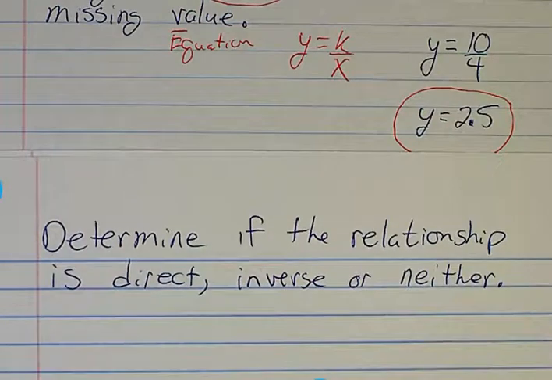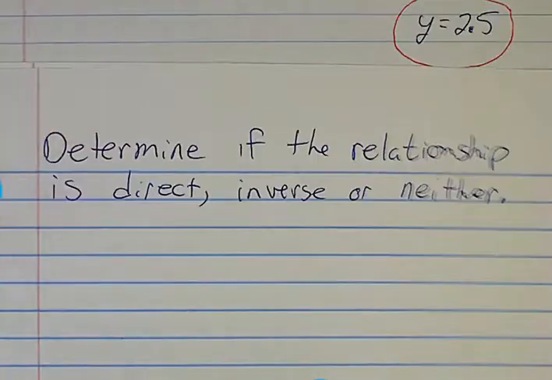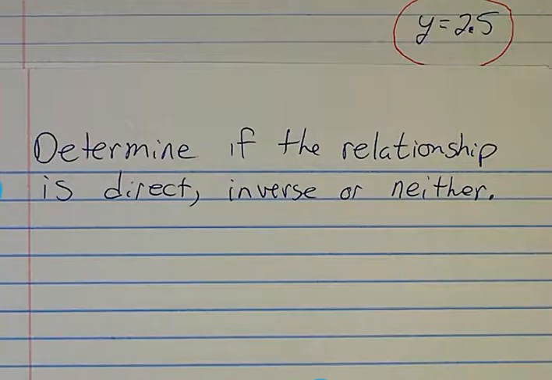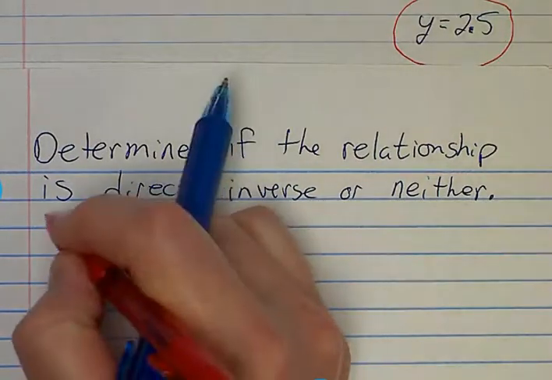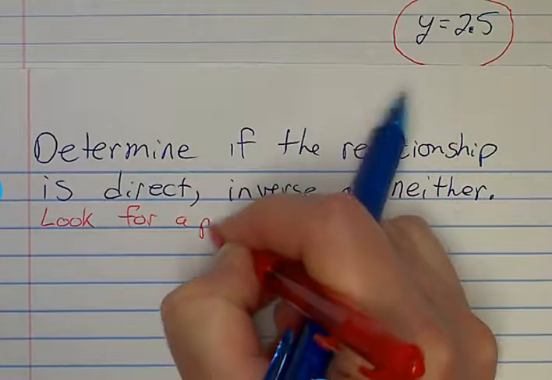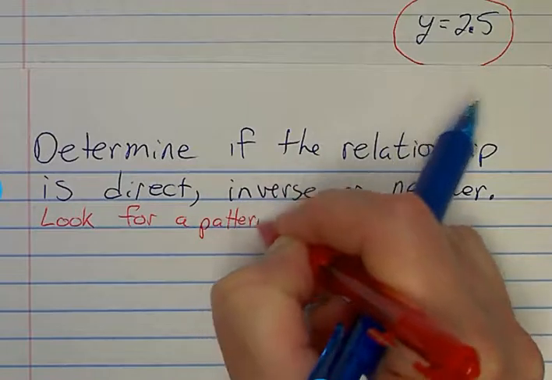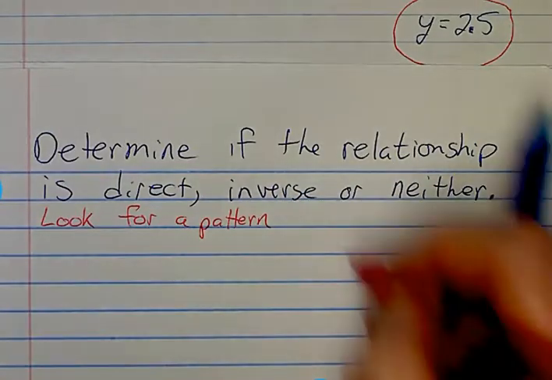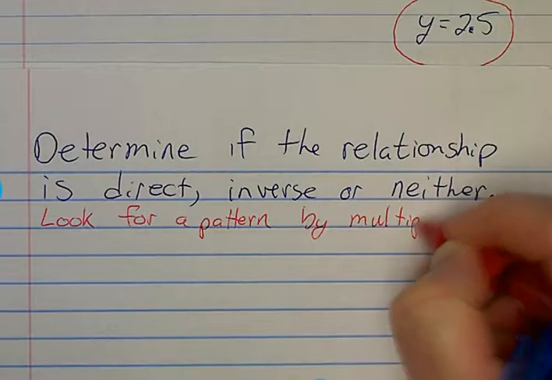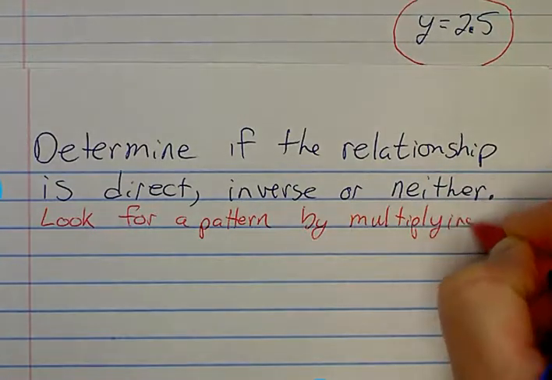Now, here's what you're really going to do for this thing. Because, again, I'm trying to give you the idea that sometimes they give you the directions. Here's what they really mean. That you're going to look for a pattern by multiplying x and y, or dividing x and y.